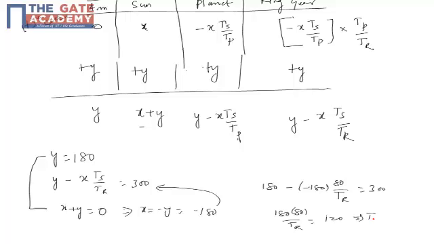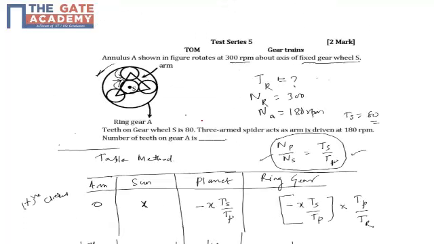So this gives tr to be 180 into 80 by 120, which simplifies to 120. So the number of teeth on the ring is 120. This is a standard table method problem, and the procedure is the same for every epicyclic gear problem. Any epicyclic gear problem you can solve with this method. Thank you.